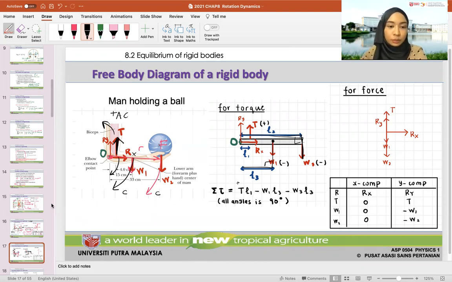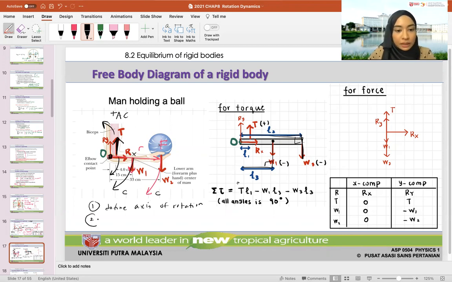What did we do here? We defined our axis of rotation. We identified the forces. We identified the radius, and then we decided whether it is going to contribute to clockwise or anti-clockwise. So let me write down the steps here. First, define axis of rotation.